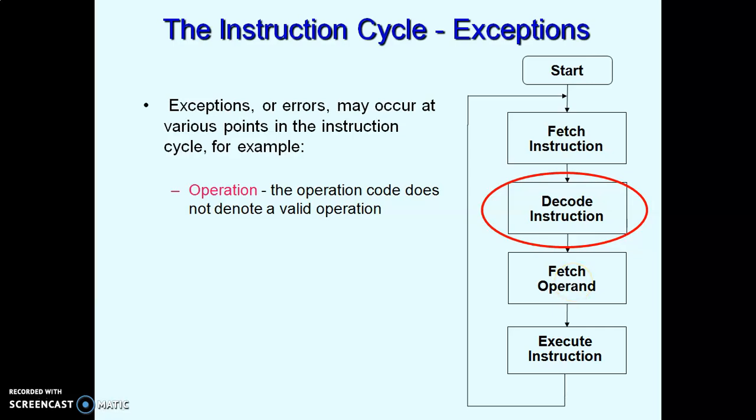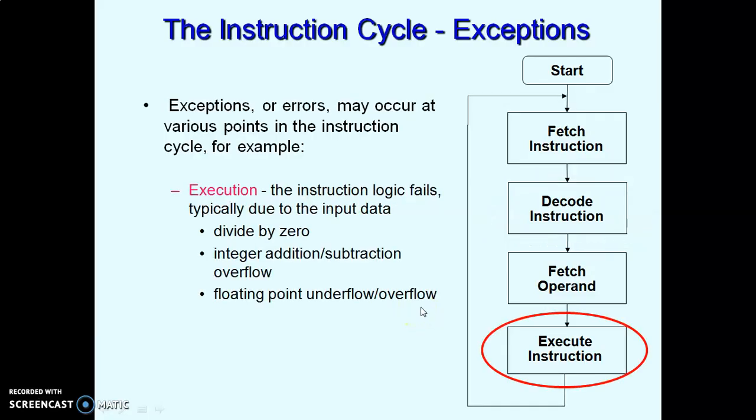In case of decode instruction, if the operation code does not denote a valid operation, then that exception may arise. Then execution, the instruction logic fails, typically due to the input data.